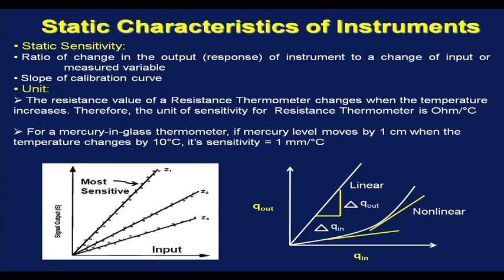For a mercury in glass thermometer, if the mercury level moves by 1 centimeter when the temperature changes by 10 degree Celsius, its sensitivity will be 1 centimeter divided by 10 degree Celsius. In other words, it is 1 millimeter per degree Celsius.